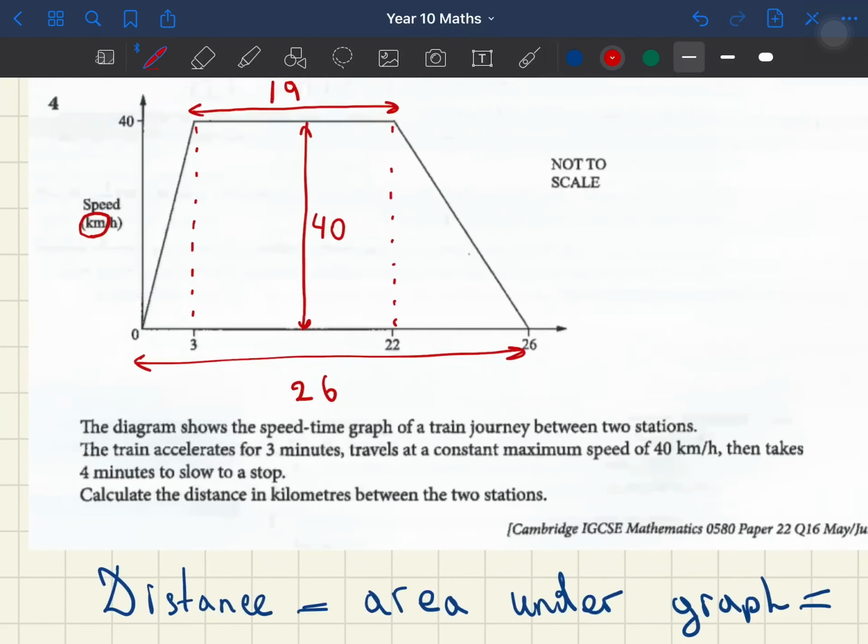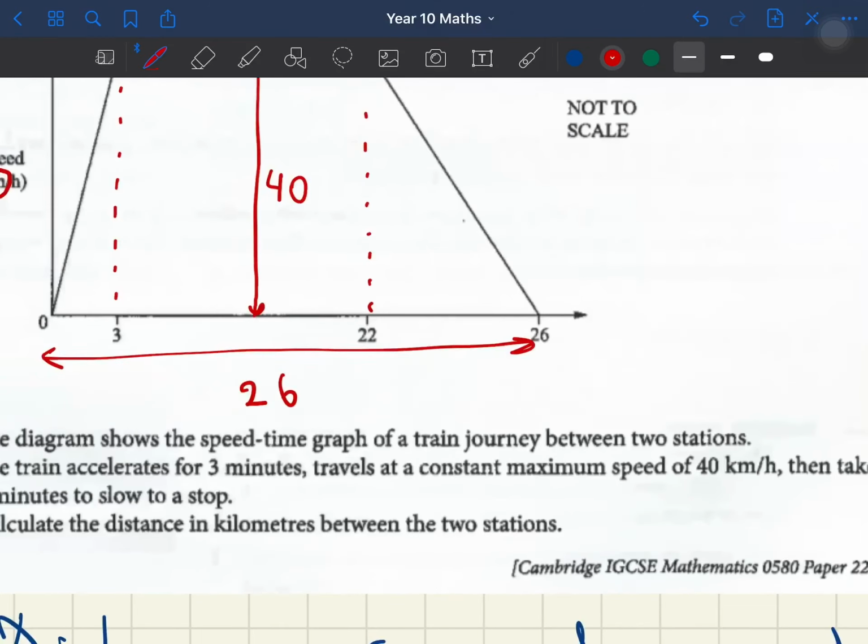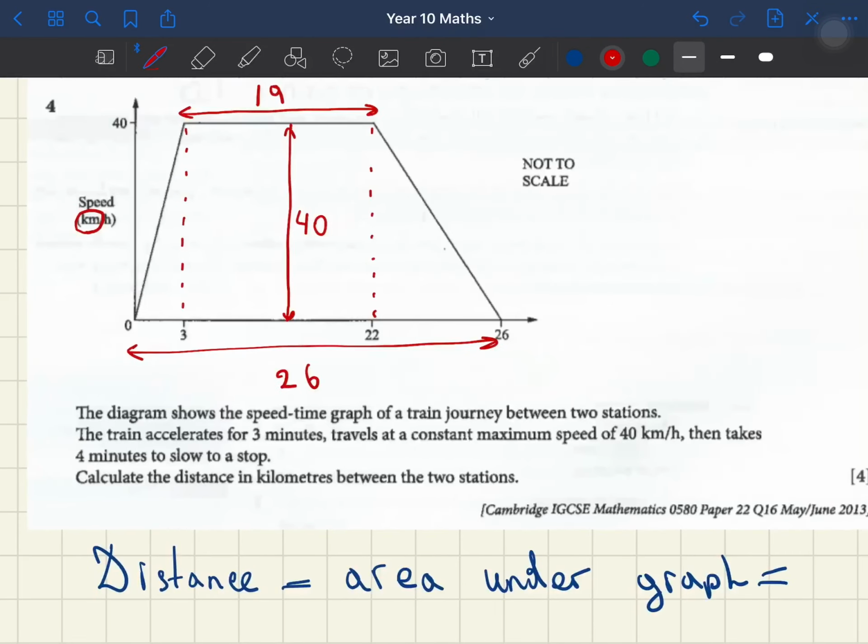But actually, wait. This is minutes. It's a bit misleading because they don't tell us, but this here is minutes.